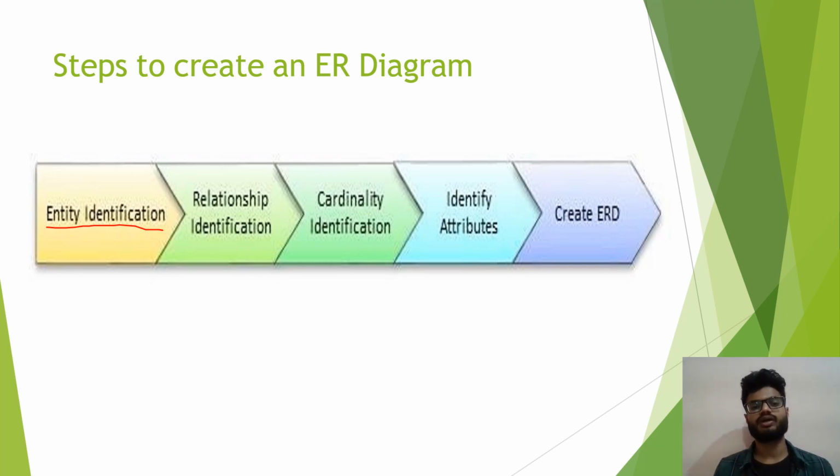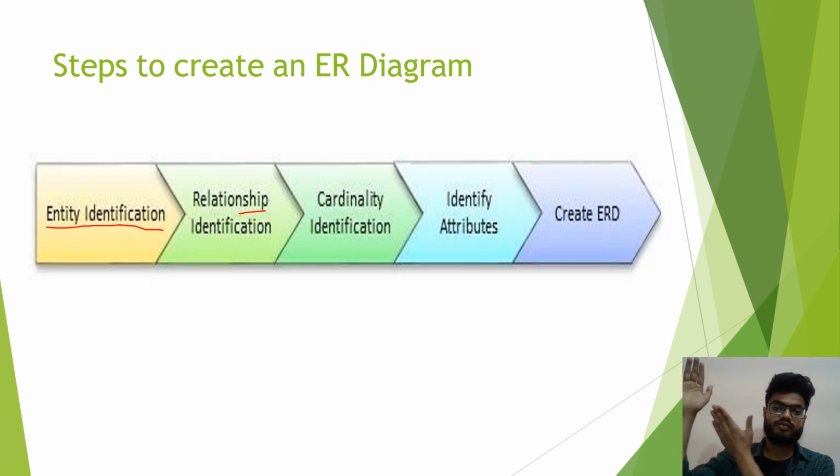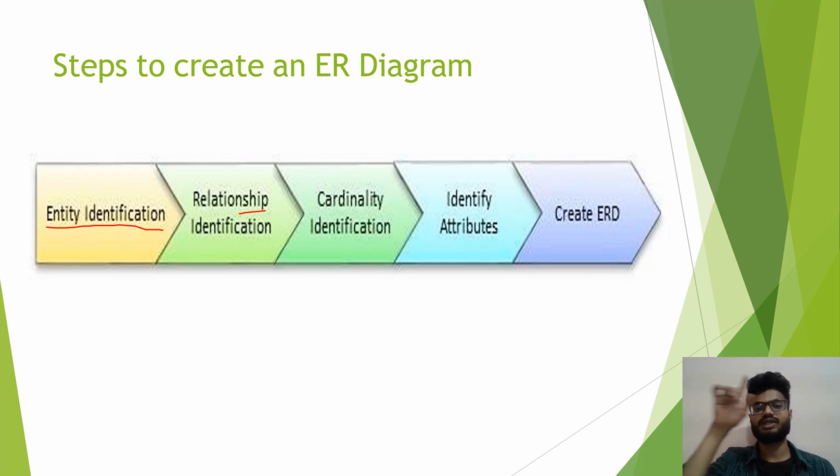Then the relationship identification, how these tables are related to one another. One staff member can belong to a department, like works for this department. One student is enrolled in this course. A staff member can also be a mentor of one student. These are the relations between the tables or entities.